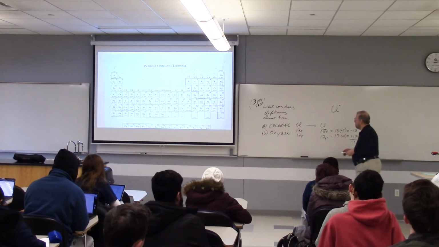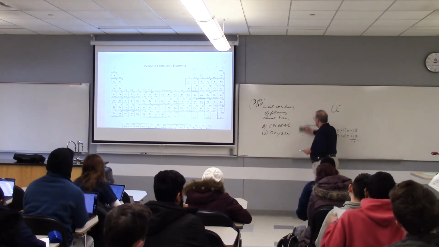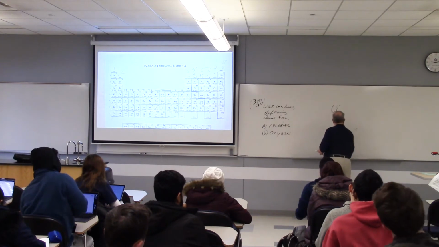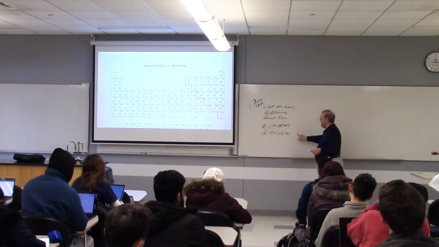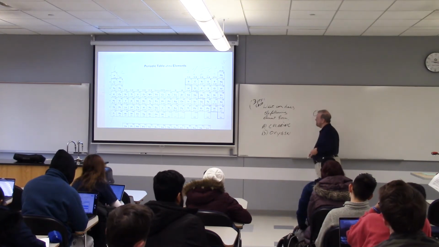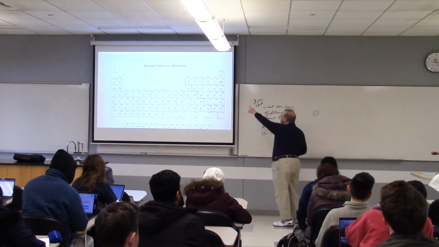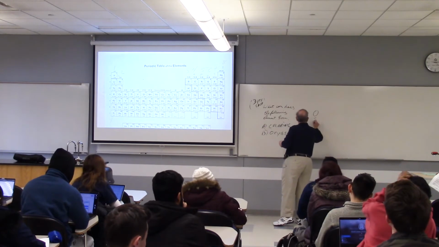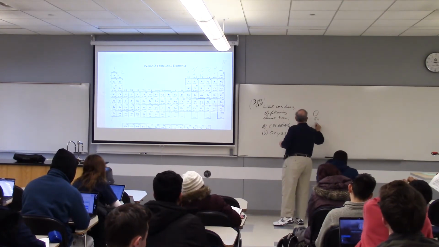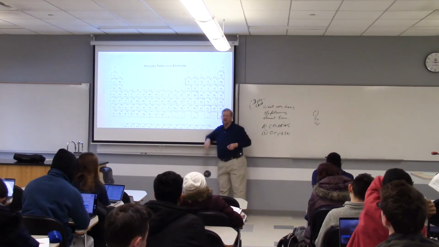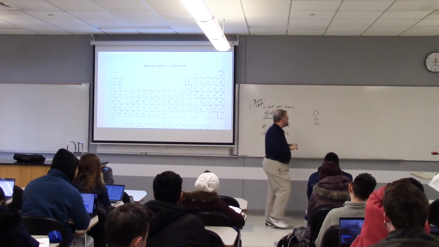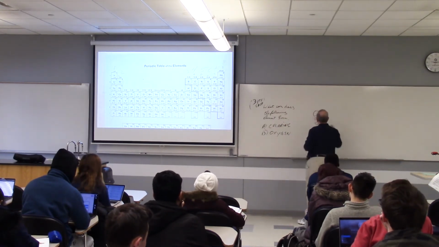All right, the question is, what ion does oxygen form? Oxygen. How many electrons and protons? Look at the atomic number. 8 electrons, 8 protons. Remember the atomic number is the number up in the upper corner of the periodic table for that element.